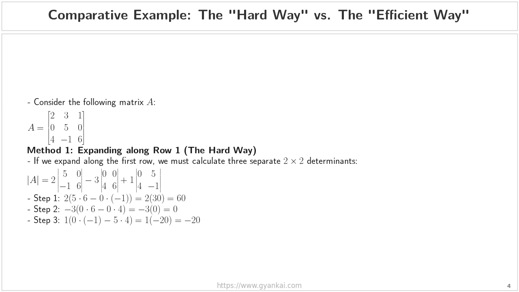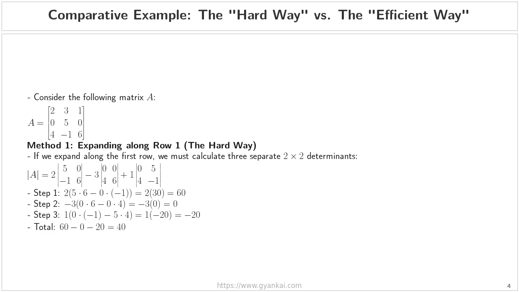This is 1 times the quantity of 0 times -1 minus 5 times 4, which is 1 times -20, resulting in -20. When we sum these up, 60 minus 0 minus 20, we get a final determinant value of 40. It works, but notice how much arithmetic we had to perform.